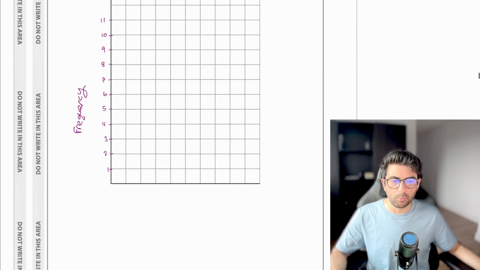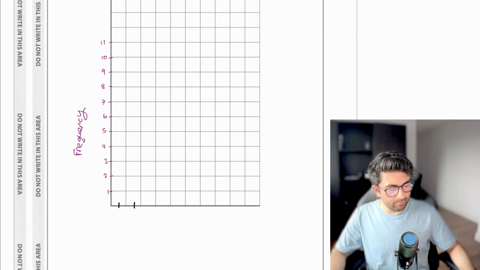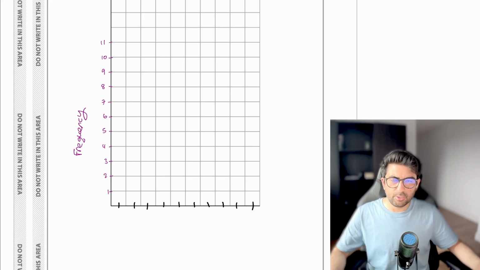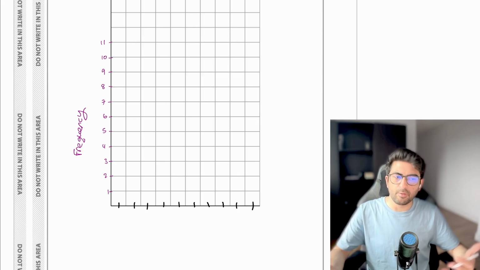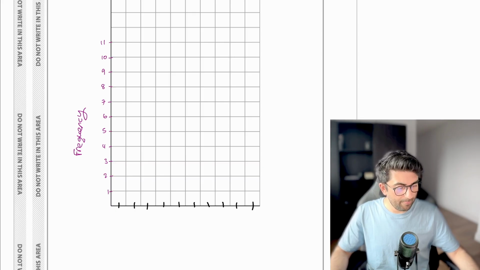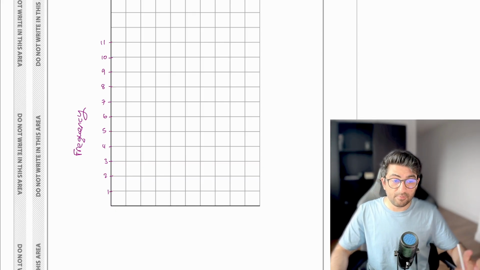Let's see how we would fit those in. So our x-axis seems to have 1, 2, 3, 4, 5, 6, 7, 8, 9, 10 spaces. So if I did 3 for each one, so 3 for castle, 3 for farm, 3 for museum, I think they'll fit in quite nicely. Again, organizing my axes first.